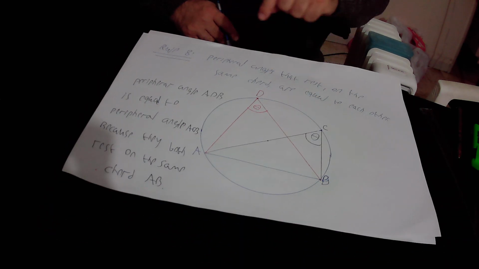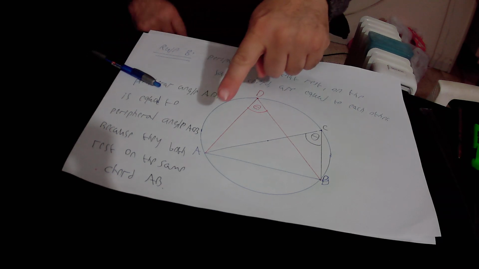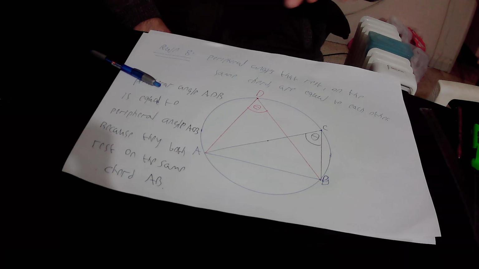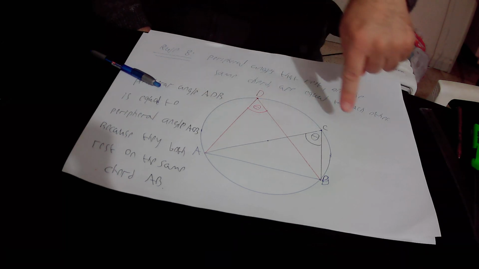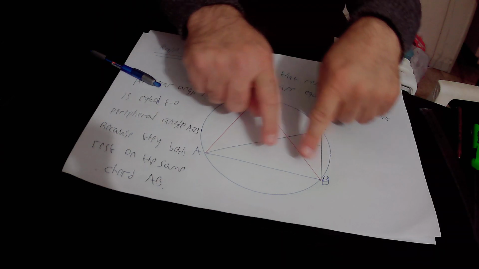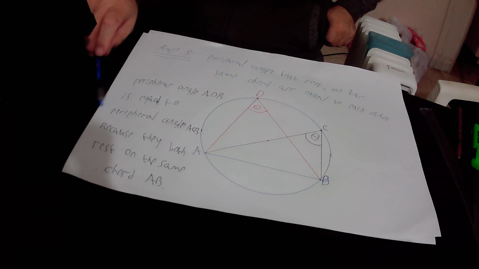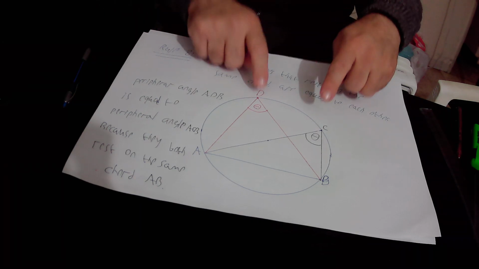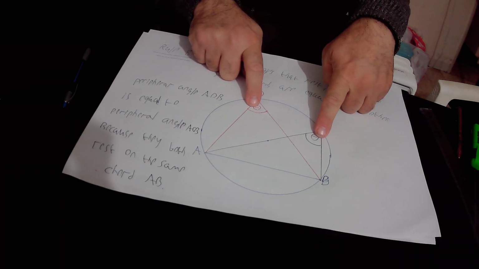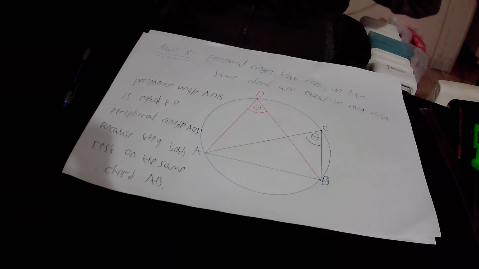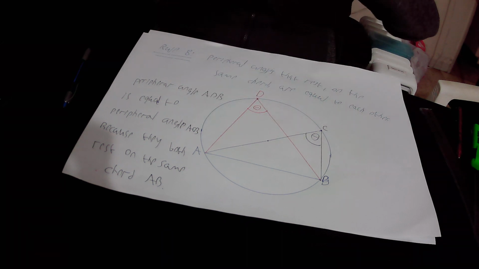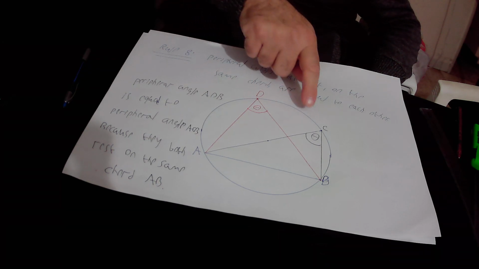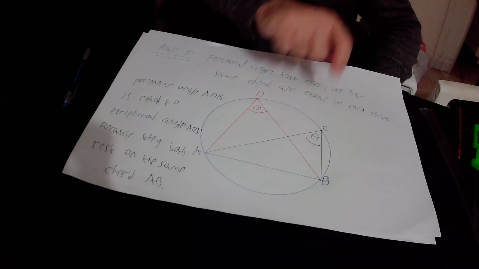In the drawing we have peripheral angle ADB that rests on chord AB, and we also have another peripheral angle ACB that rests on the same chord AB. Because those two peripheral angles rest on the same chord AB, they must be equal to each other. That is to say, if peripheral angle ADB equals theta, then peripheral angle ACB must also equal theta.